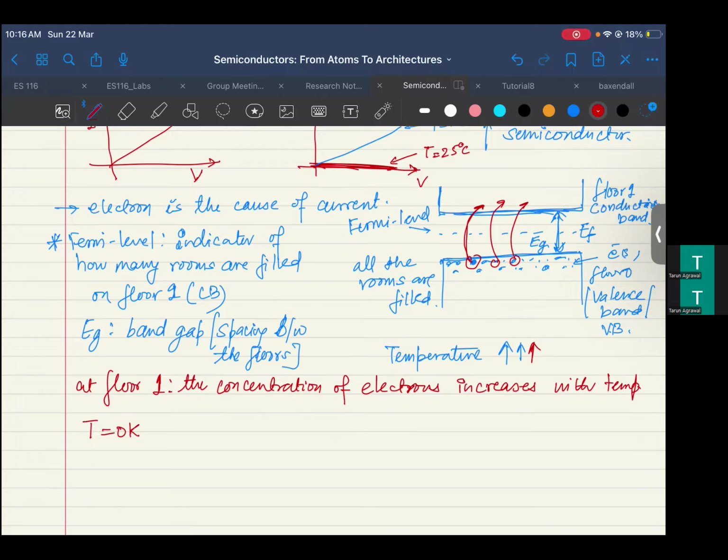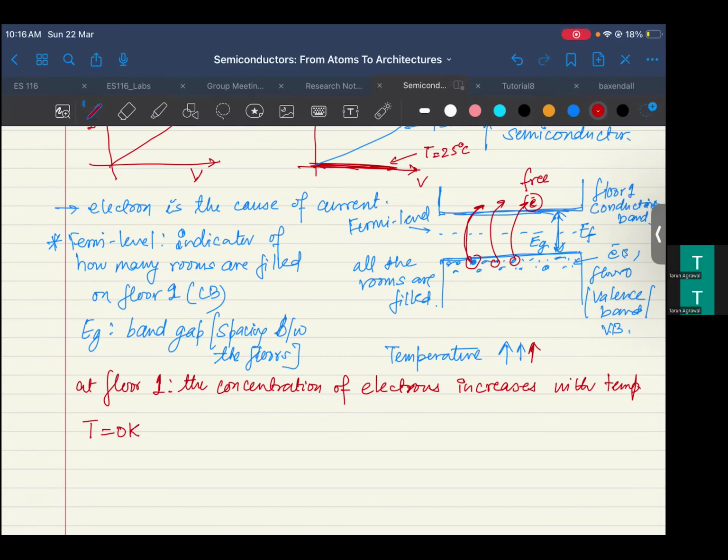So these electrons which reach this floor one, we say they are relatively more free than the people who were bound at floor zero, right? That is very likely, because if you go up and up, you are going up for more freedom. And that is what these electrons are also feeling.